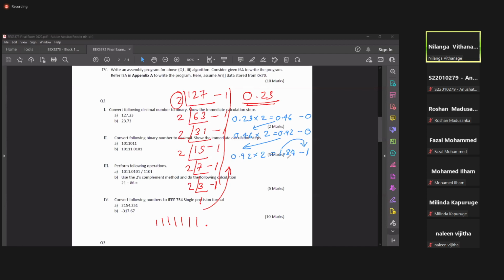But when you take this value forward, you take only the fractional part 0.84, because the 1 is already placed. So again, you multiply by 2 and you get 1.68. There is a carry again. You can put 0.68 and the carry here, but anyway, it's up to you.